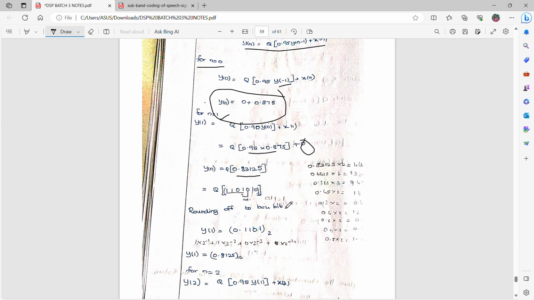So now it is in the decimal format. We should convert it into binary, so we multiply with 2, that is 0.8312 into 2, that is 1.66. Then take the last two digits and multiply again with 2, that is 1.32, and then take the last two digits and multiply with 2, then take the last two digits.